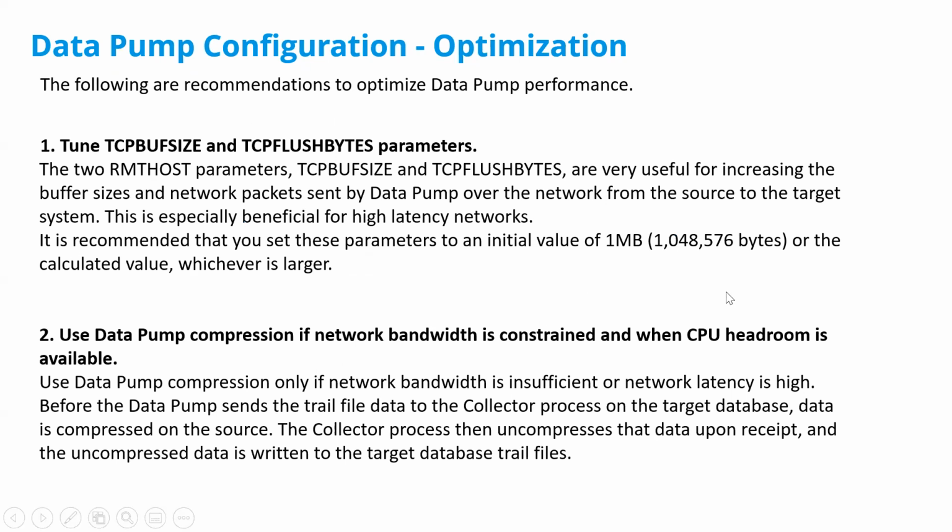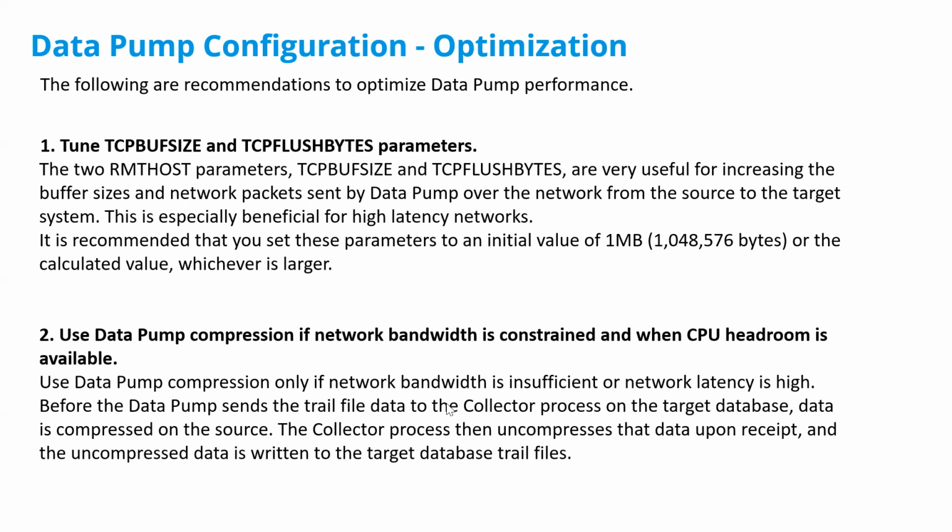These two RMTHOST parameters are very useful for increasing the buffer size and network packets sent by data pump over the network from source to target. This is especially beneficial for high latency networks.